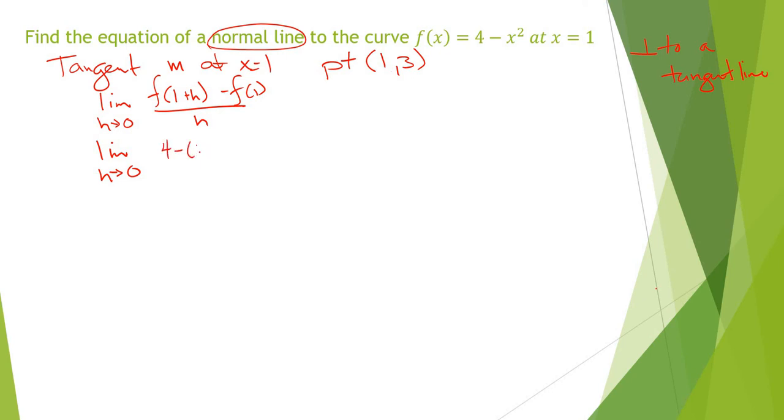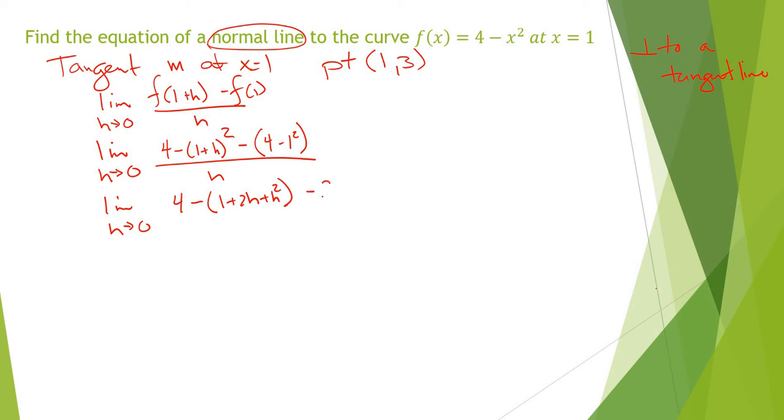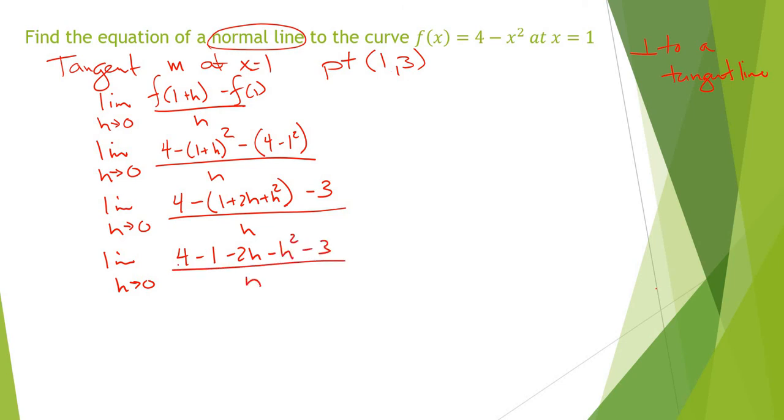So 4 minus 1 plus h squared minus, I'm going to put a parenthesis so I don't forget that negative sign, 4 minus 1 squared over h, the limit as h approaches 0 of 4 minus this whole thing squared, 1 plus 2h plus h squared minus 3 over h, the limit as h approaches 0 of 4 minus 1 minus 2h minus h squared minus 3 over h. 4 minus 1 is 3.